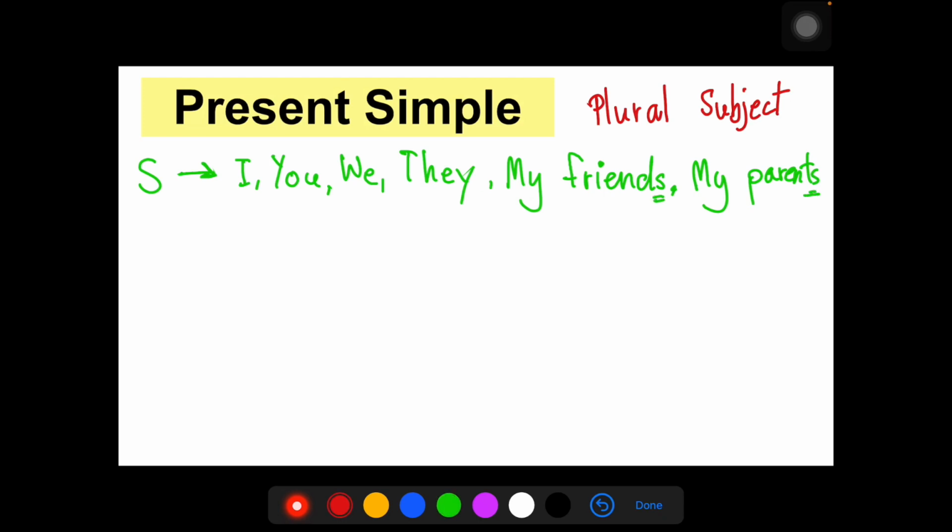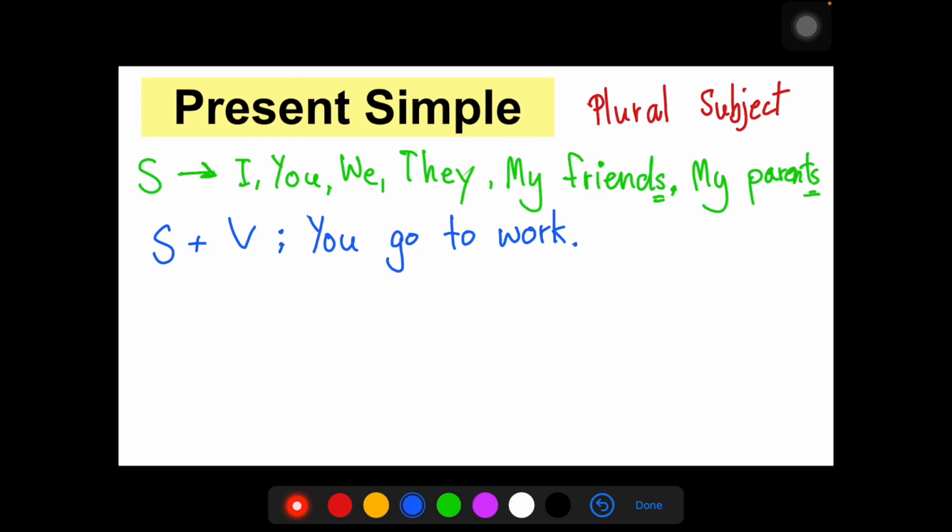As you see in the formation from the last slide, we said subject plus verb. For a plural subject, we don't need to add anything to the verb. For example, you go to work.